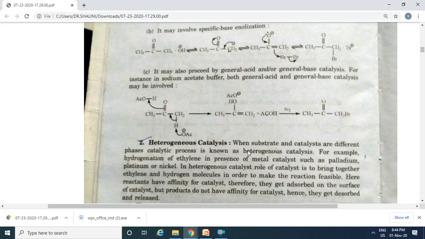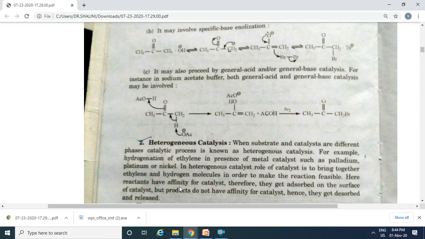When substrate and catalyst are in different phases, the catalytic process is known as heterogeneous catalysis. For example, hydrogenation of ethylene in the presence of a metal catalyst such as palladium, platinum or nickel. In heterogeneous catalysis, the role of the catalyst is to bring together ethylene and hydrogen molecules in order to make the reaction feasible.